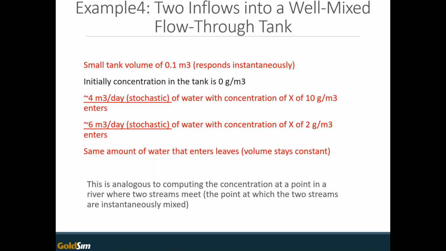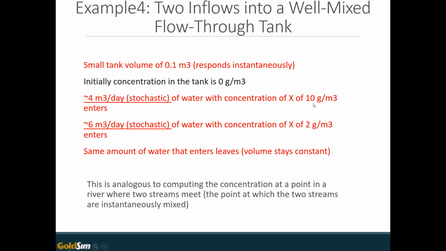So to illustrate that, we're going to do another model with the tank. And in this tank, I'm going to have a very small tank volume, which means it's going to respond instantaneously. And now I'm going to make the inflows a little bit more complicated. I'm still going to have the same concentration.